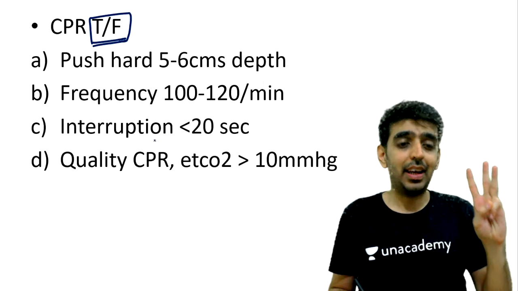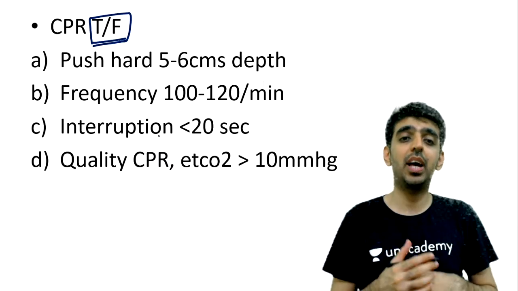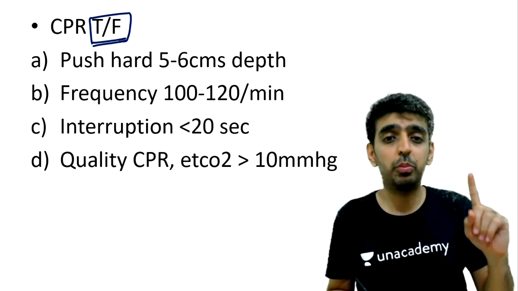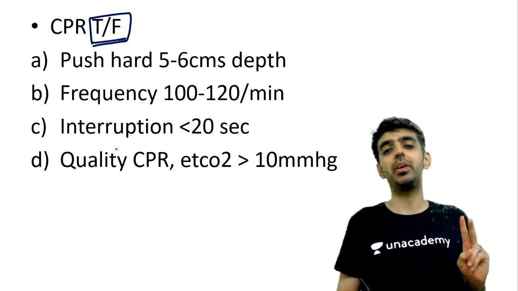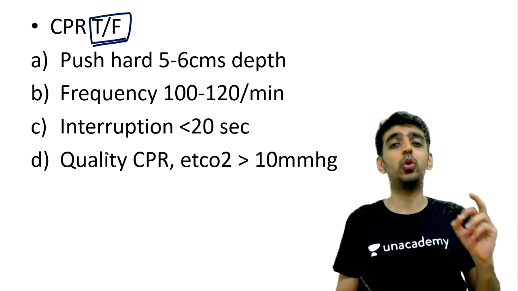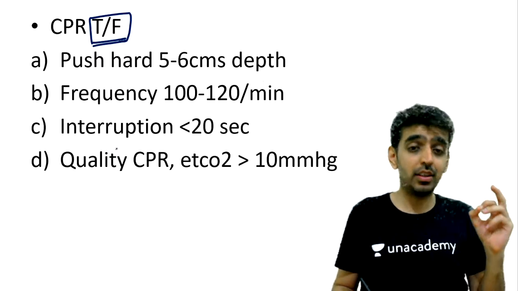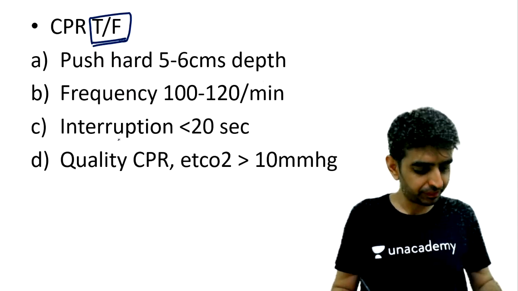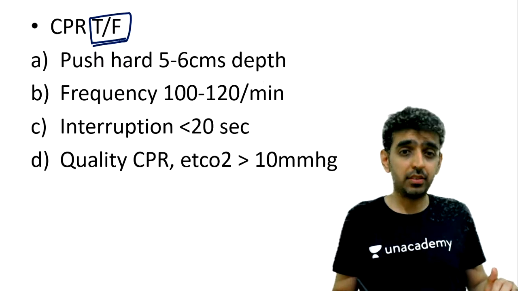Option C, the interruption time in between the CPR, when you want to check the pulse or shift, should be less than 20 seconds. Whether this is true or false. And the quality of CPR is determined by the end tidal carbon dioxide, that is the EtCO2 capnographic reading, of more than 10 millimeters of mercury. So whether option D is also true or false. Yes, I am getting a lot of good answers.